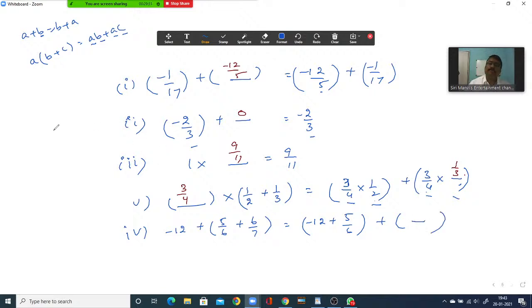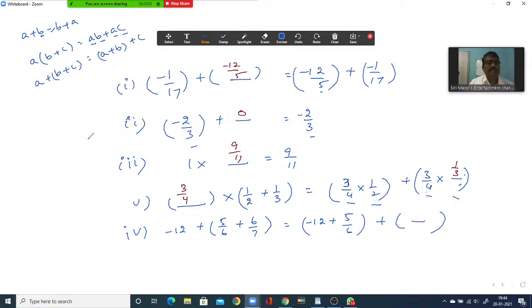So as we know, A plus B plus C is equal to A plus B plus C. Associative law. Sorry, associative law.